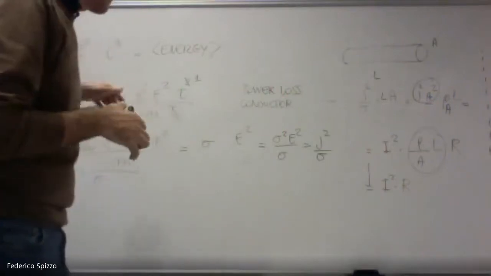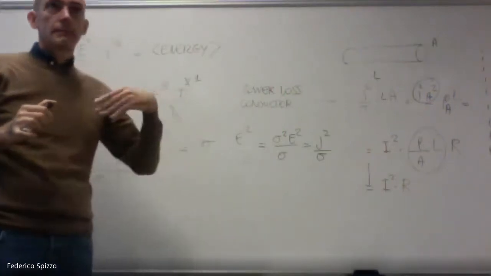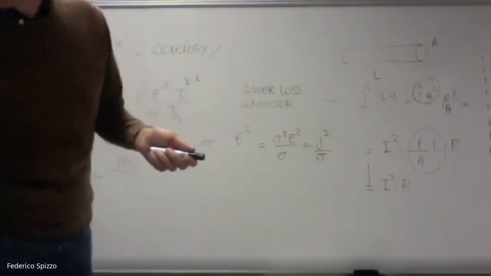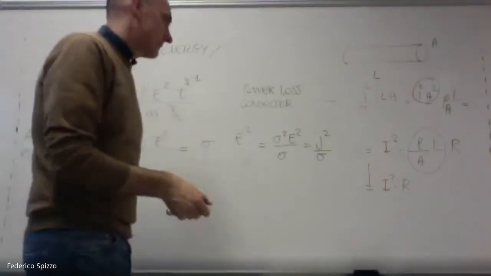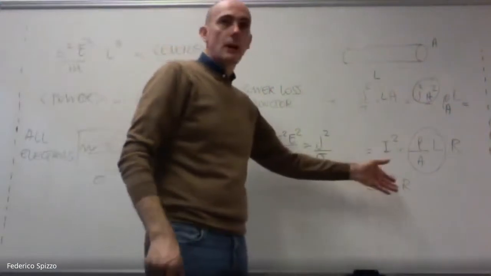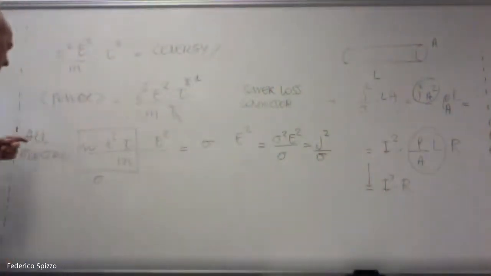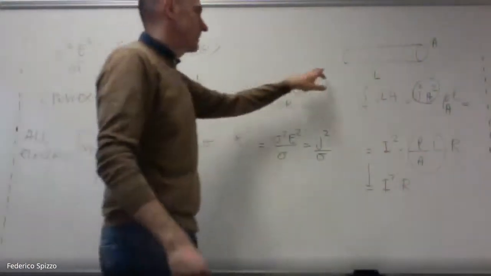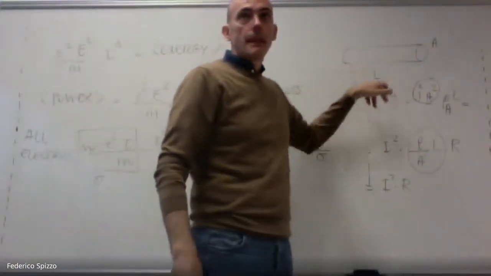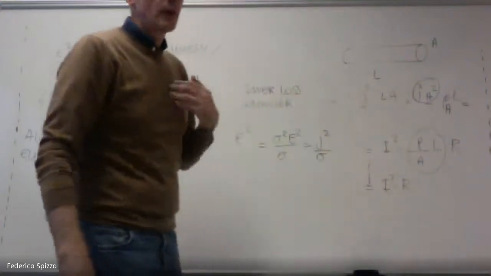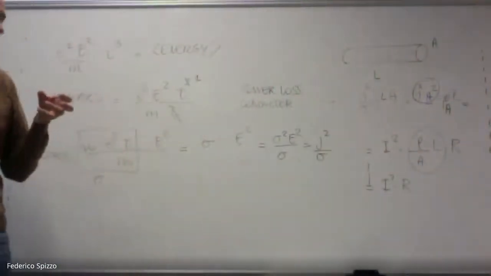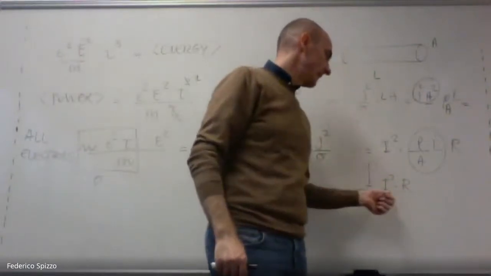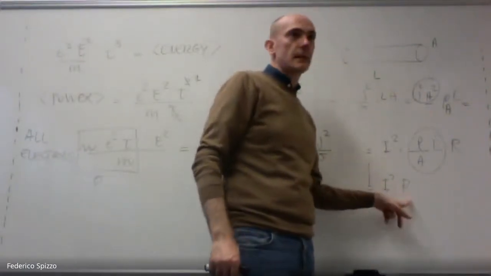So in this way, starting from the microscopic approach of the scattering, considering the average power loss per electron, then considering the electronic density and the volume of the conductor, you're able to estimate that the actual power loss of a specific conductor is equal to the square of the current times the resistance of the conductor.